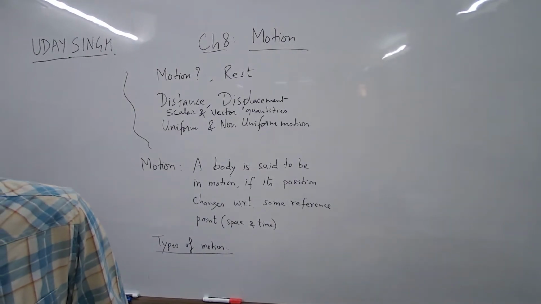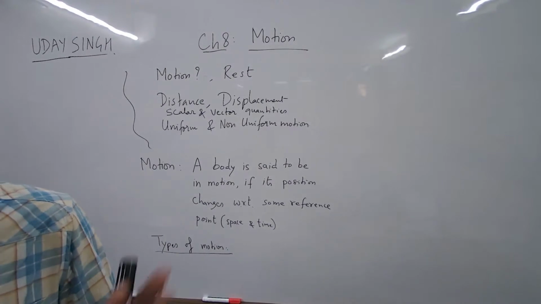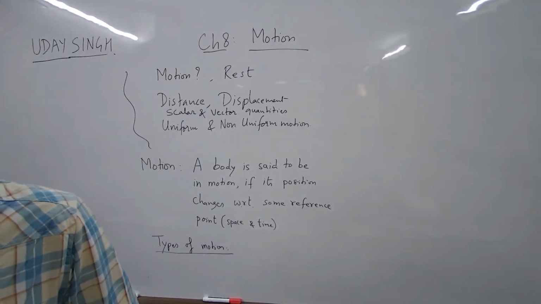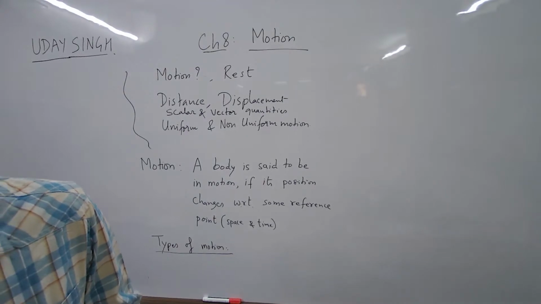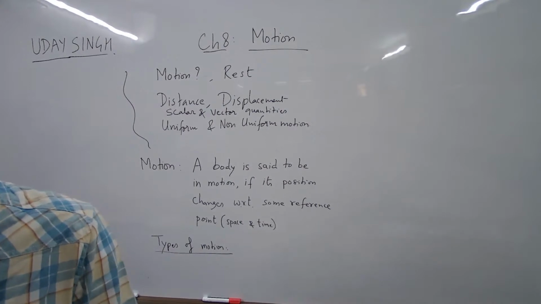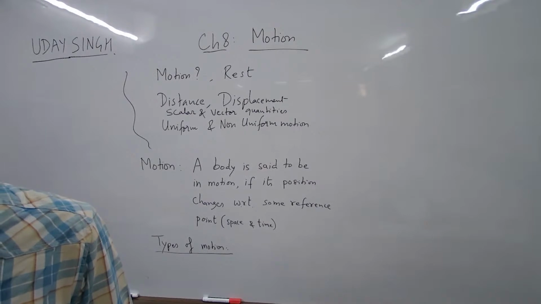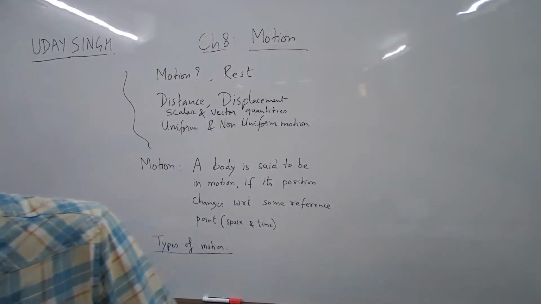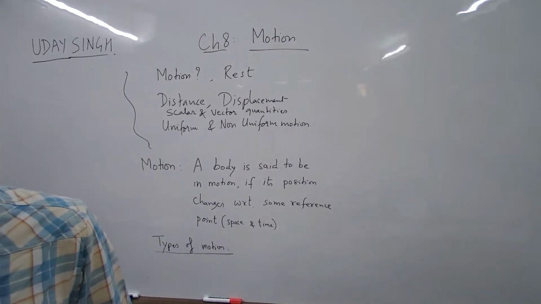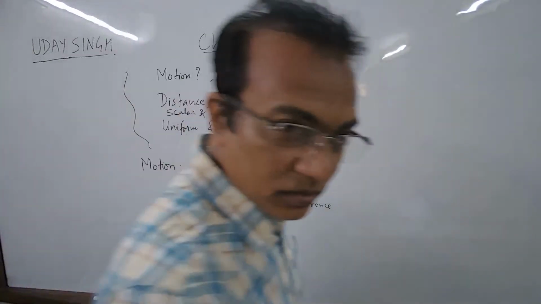What motion is this? Motion in a straight line. Very familiar, right? Car, aeroplane. We walk. How do we walk? Straight line. Not like a snake, right? So human walk is a straight line motion.